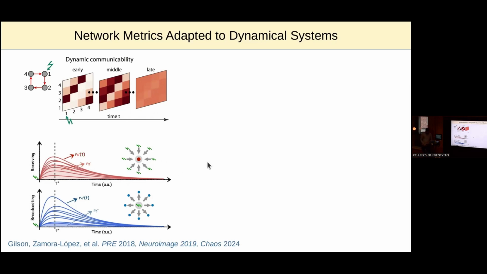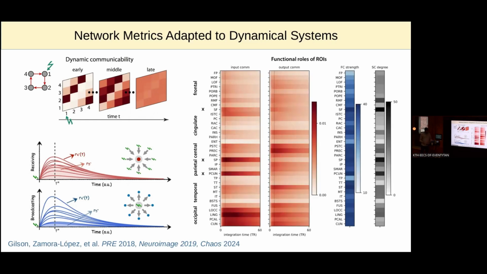Okay. So why this is nice, because it's directly related to some measures in network theory. So with this, you can look at different nodes and see whether some nodes are more listeners or more broadcasters here.